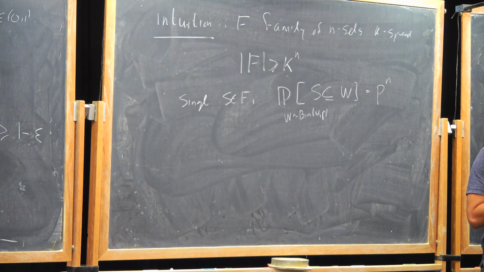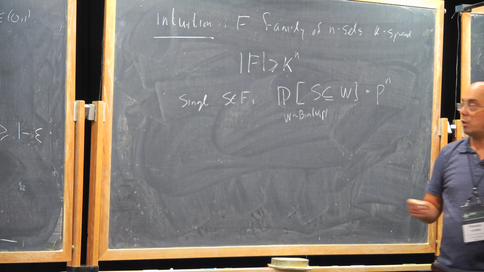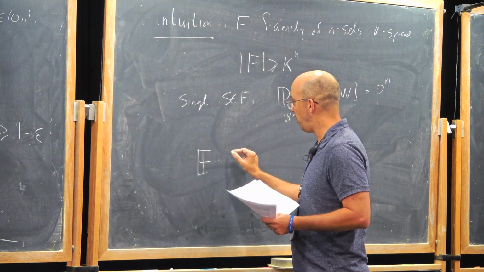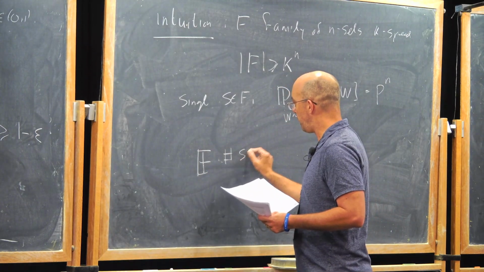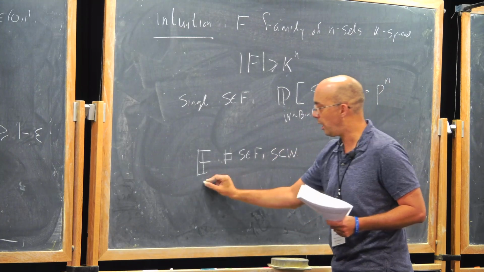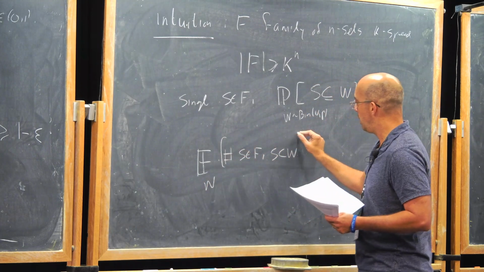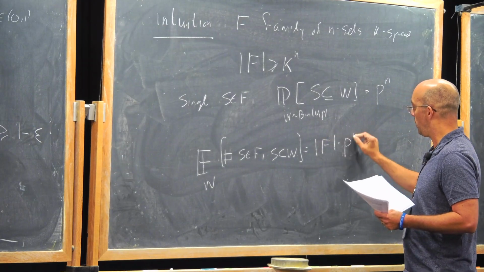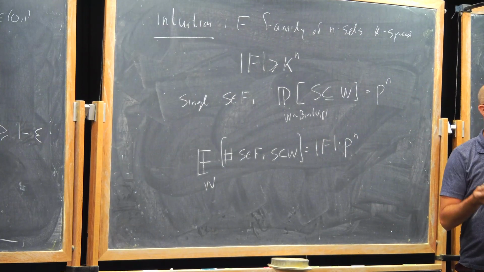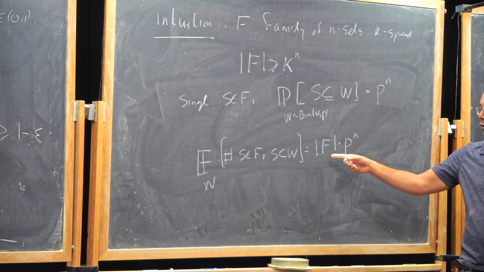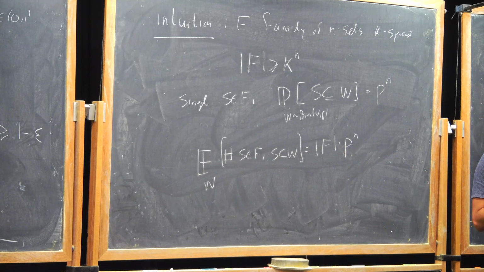So if we just do a first-order expectation, the expected number of sets in F that are contained in W is going to be the size of F times p to the n. If I have any chance of this being at least 1, I need the size of the family to be at least 1 over p to the n.